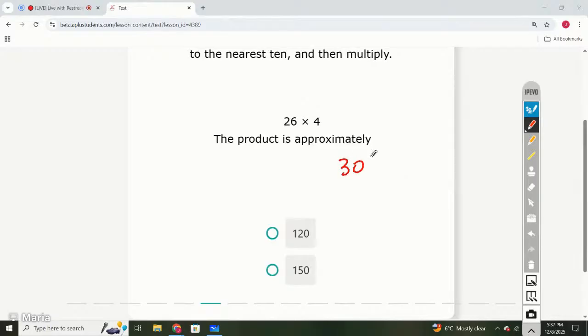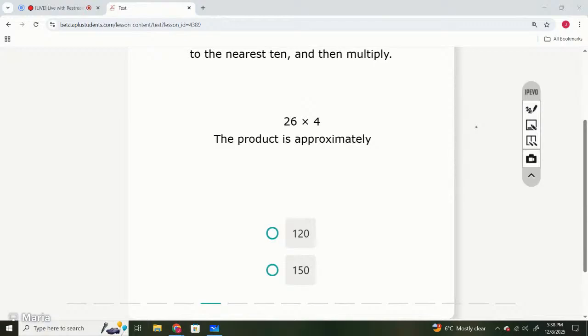We have to do 30 times 4. 4 times 3, sorry, 4 times 3 is 12. That is 120. Option 1 is the correct option.